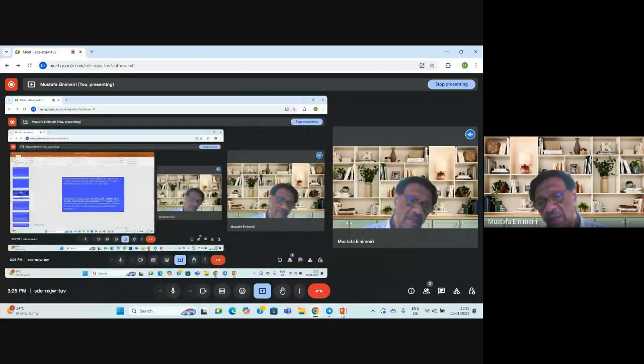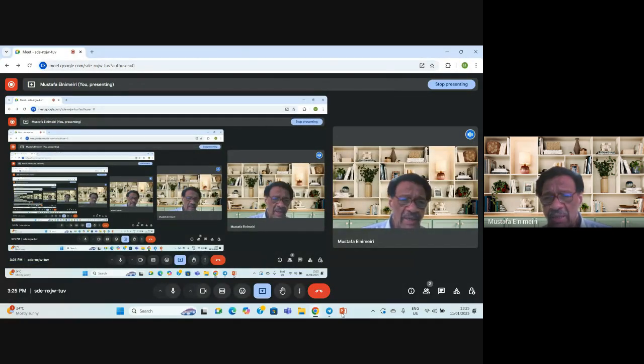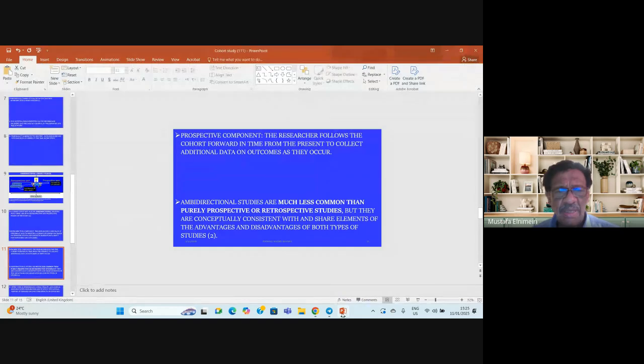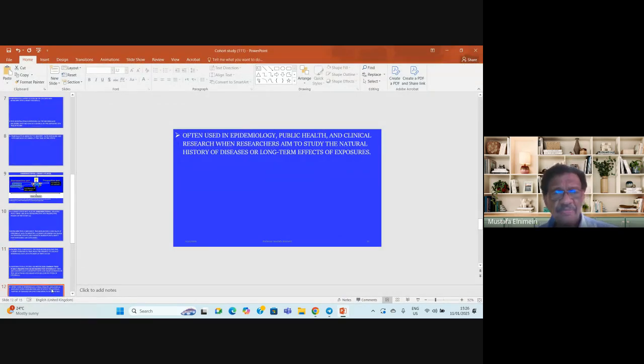In other words, investigators have less tendency towards using the ambidirectional design, because there are disadvantages in the retrospective and also in the prospective, and we collect both disadvantages in such a design. So it is less commonly used by investigators.